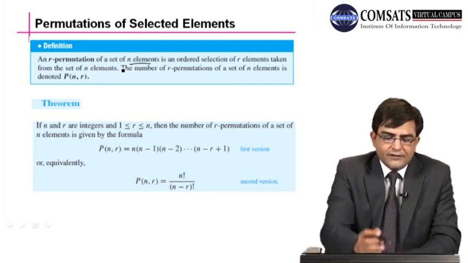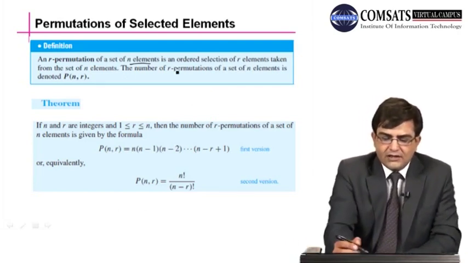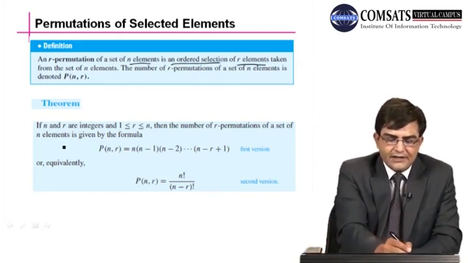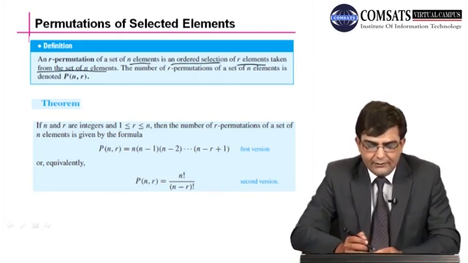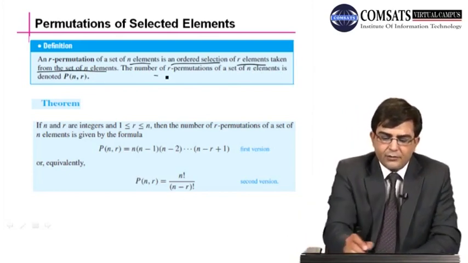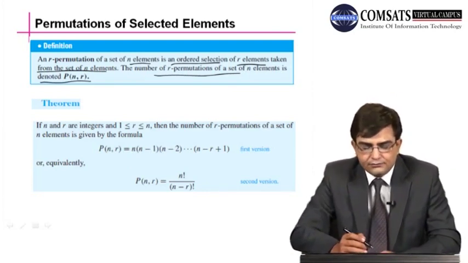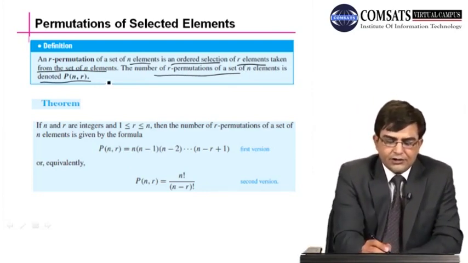So an r-permutation of a set of n elements is an ordered selection of r elements taken from the set of n elements. The number of r-permutations of a set of n elements is denoted by P(n, r), or you can denote it usually by nPr.